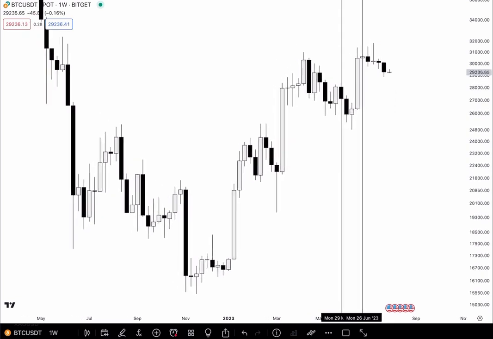Because as we know, the famous picture, which is quite true, the picture which says price levels are useless until time is considered, and time is of no use unless price is at a key level, right? When you blend the two, of course, then you get a pretty good result.